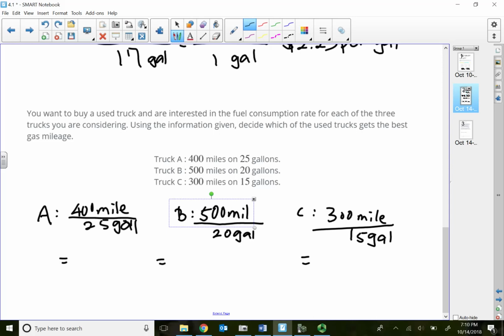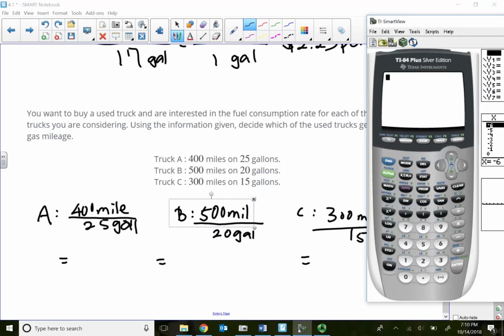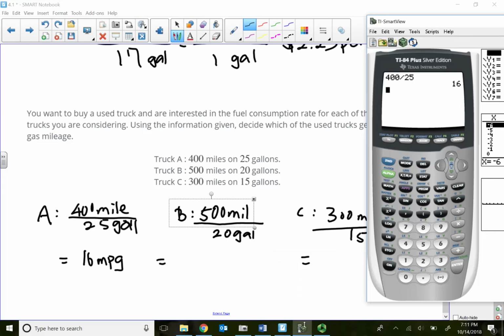Let's see which one gets better fuel economy, or has lower fuel consumption. 400 divided by 25 is 16 miles per gallon, MPG. 500 divided by 20 is 25.